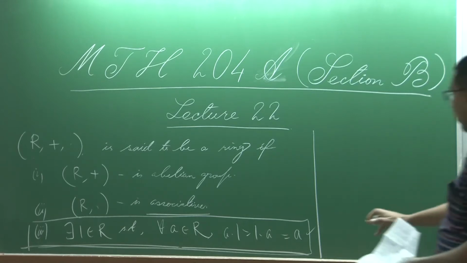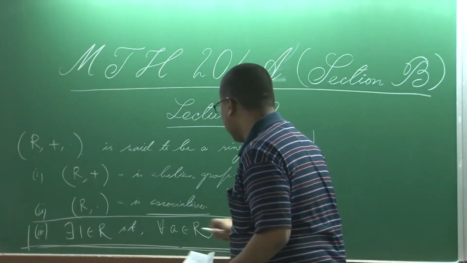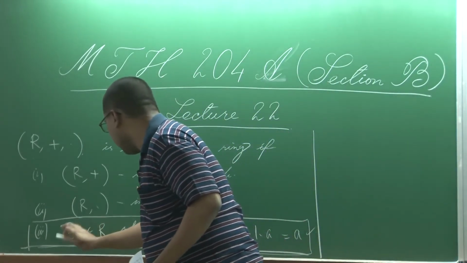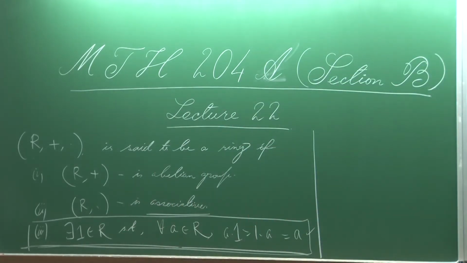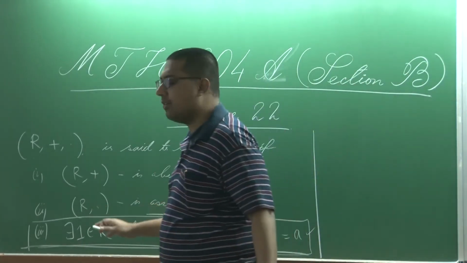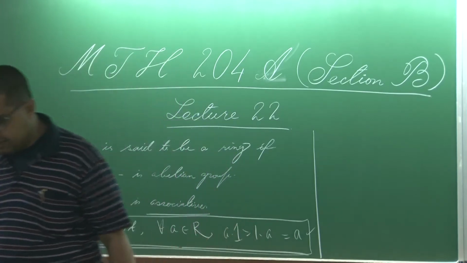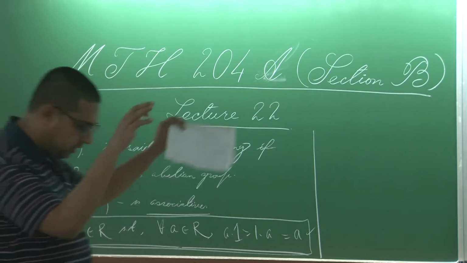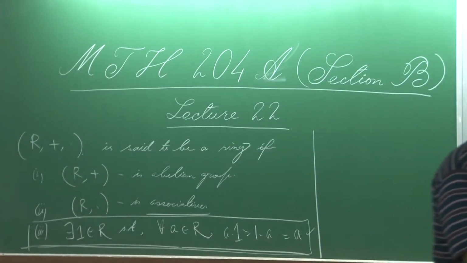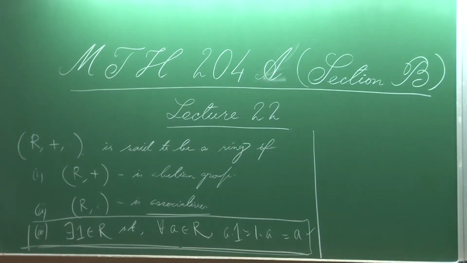So this one is called the unity. Well, it requires uniqueness, but of course we will get into that. The point that I want to make is, if a ring does not have a unity, then it can be embedded in a ring with unity.